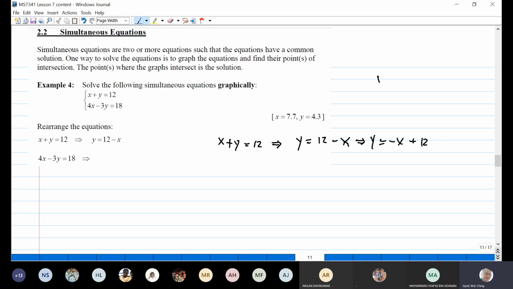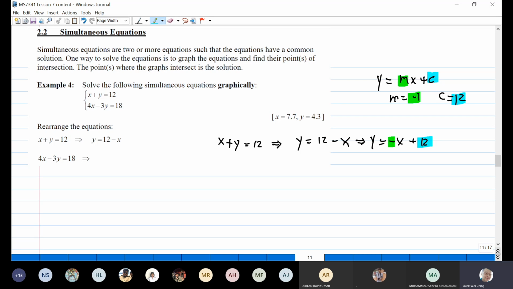You can remember this one: y equals mx plus c. So m is equal to minus 1, and c is equal to 12 for the first equation.